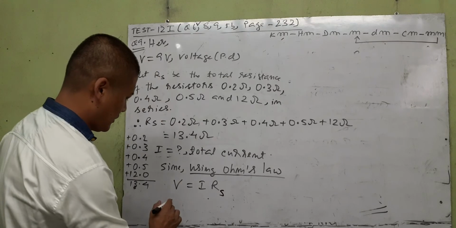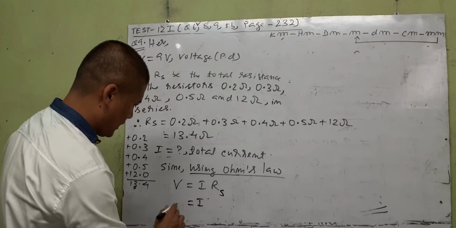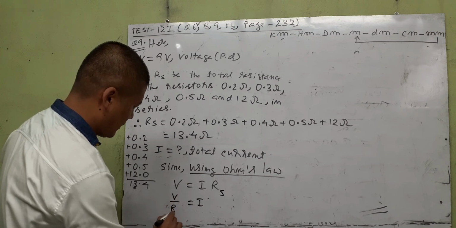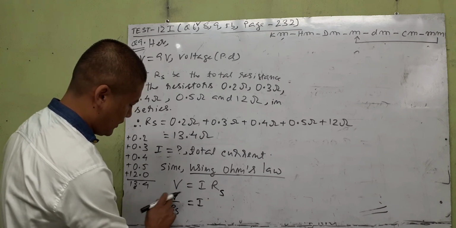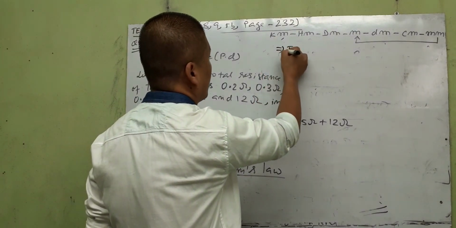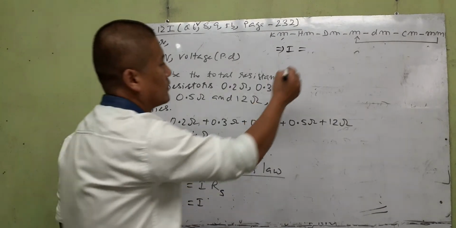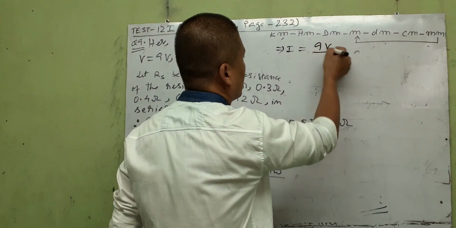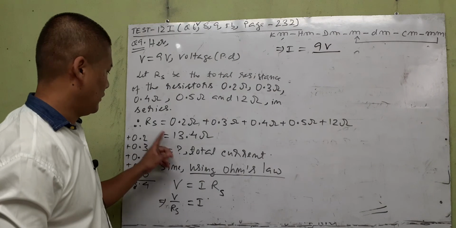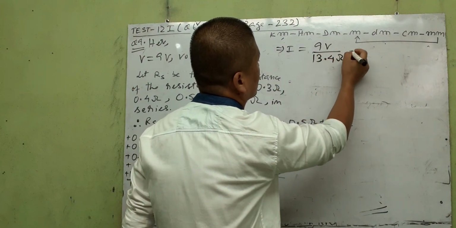So we need to rearrange this because they are asking us I. That will be V by RS. I equal to V, here is 9 volts, divided by RS, which we found out to be 13.4 ohms.